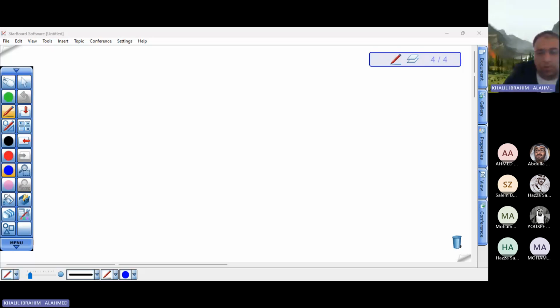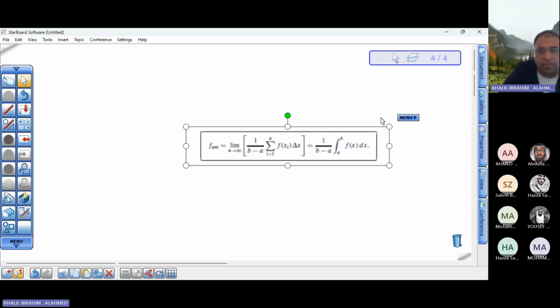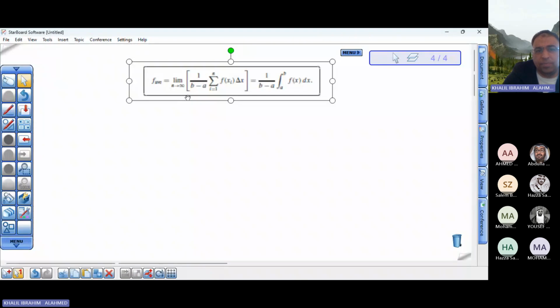This is the formula to find the average value of the function, as you see here. This is f average. F average equals the limit of 1 over b minus a, summation from 1 to n of f of x_i delta x.